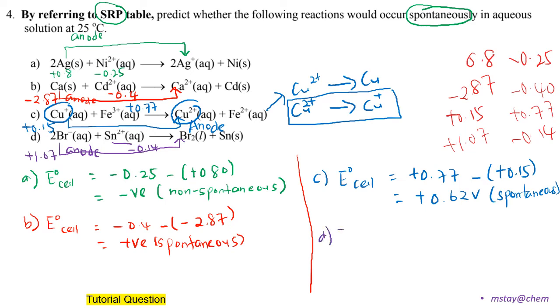So for the E0 cell, the cathode is Sn2 plus, so it will be negative 0.14 minus positive 1.07. Basically, you will get a negative value, which is a non-spontaneous reaction.